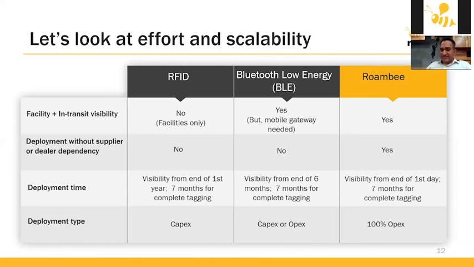Obviously, it's very capex heavy, which means that you've spent a lot of money up front, and you're expecting to get your ROI after a period of probably about 3 years. But if you're not able to get it, then you are at a very high risk.